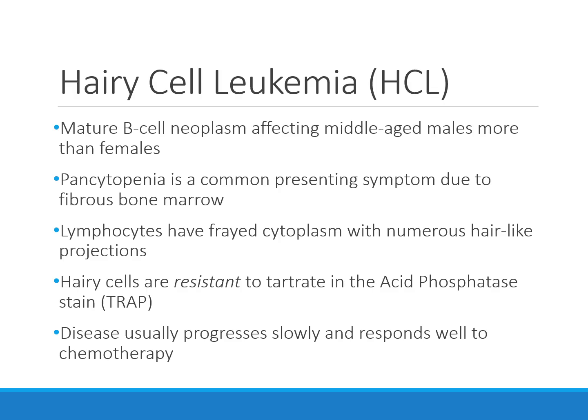So that's one way that we can really identify a hairy cell leukemia from maybe just a lymphocyte who looks a little fuzzy on the edge for whatever reason. This disease is usually slow progressing as well and responds well to chemotherapy.